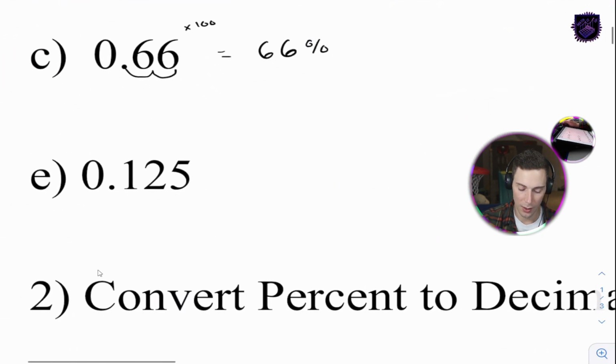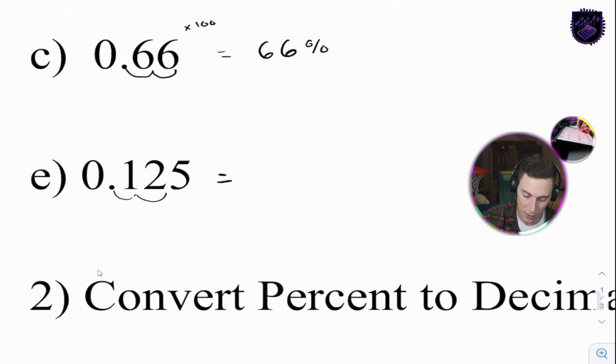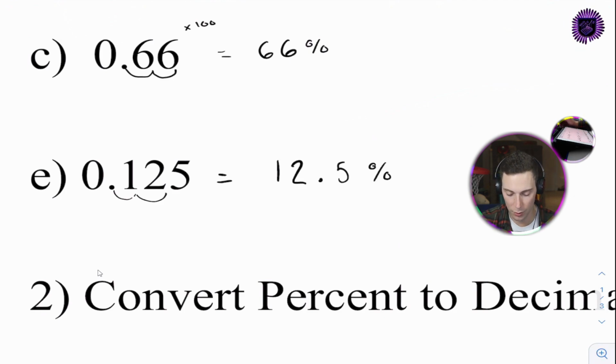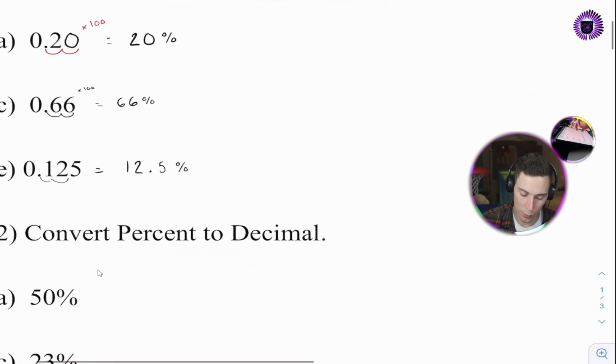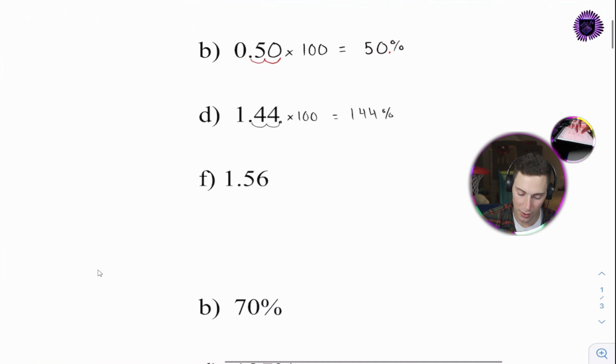1e, 125 hundredths or 125 thousandths. This is going to be equal to, right? Move our decimal place over 1, 2 spots to get 12.5%. We moved our decimal place over 2 places, multiplied by 100.